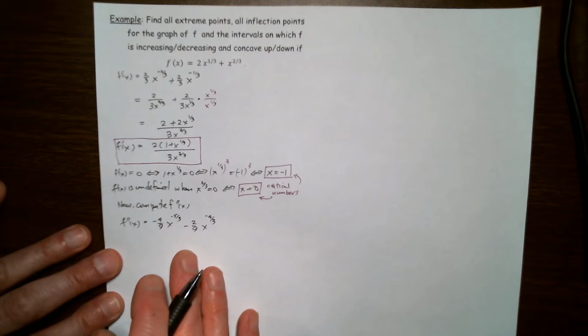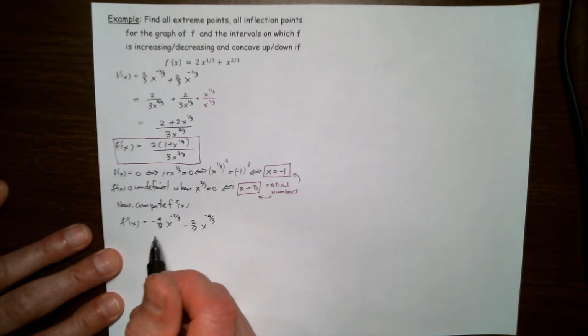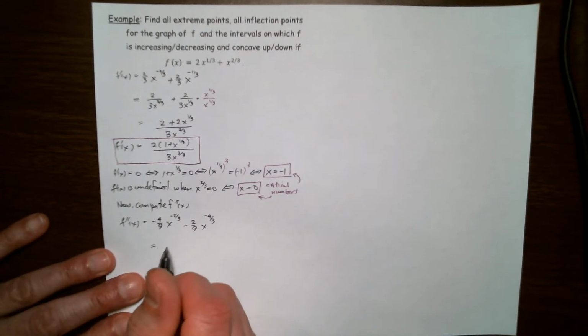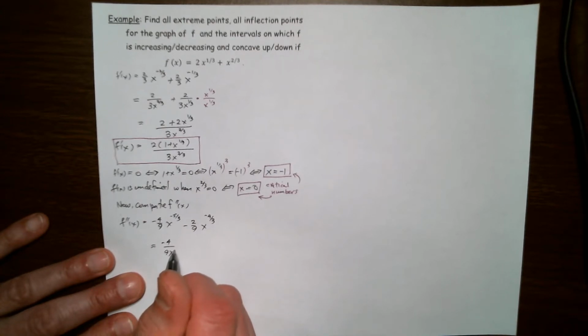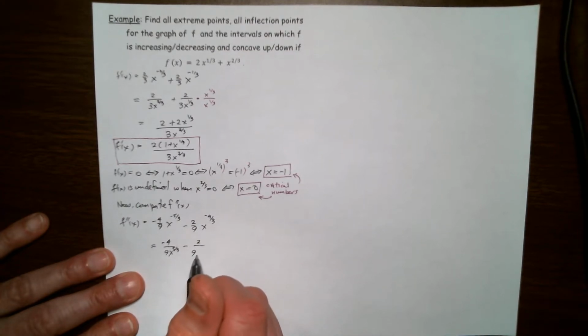So as in the first case, we could rewrite this expression for f double prime without using negative exponents if we write minus 4 over 9x to the power positive 5/3 minus 2 divided by 9 times x to the power 4/3.